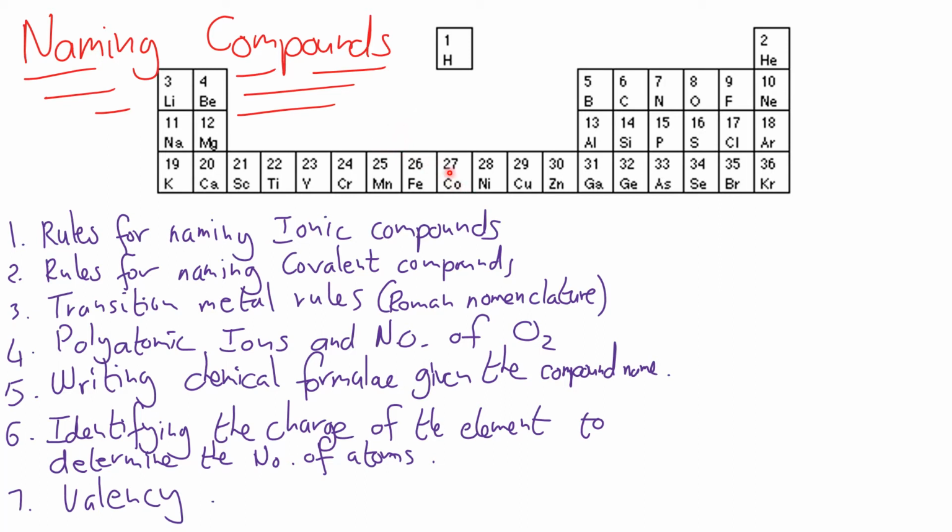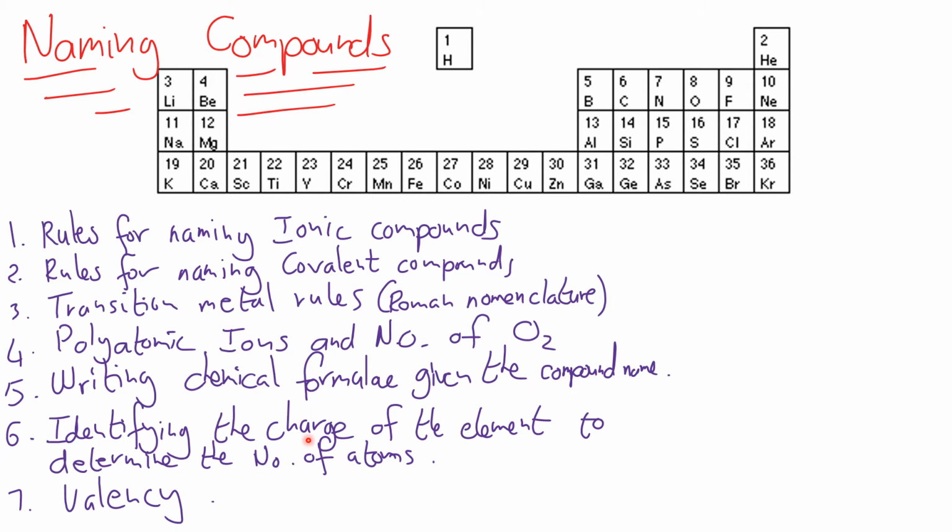Today we're going to have a look at naming compounds and also how to write the balanced chemical formula when given just the name of the compound. Our objectives for today are naming ionic compounds, naming covalent compounds, some tricky rules with transition metals and Roman nomenclature, as well as some tricky rules with polyatomic ions involving oxygen, and writing chemical formulas given the compound name.